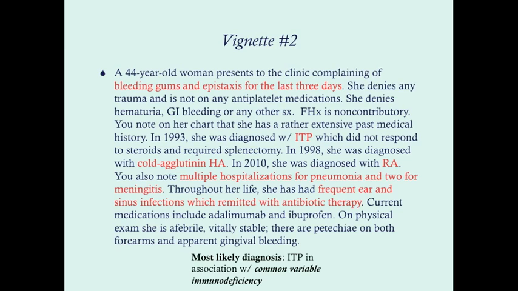So the rule of thumb with common variable immunodeficiency, as you're going to see, is anytime you have a patient with apparent immunodeficiency, particularly immunodeficiency to these encapsulated organisms, which is going to include sinopulmonary infections, meningitis, ear infections, and that in conjunction with these autoimmune diseases like RA, ulcerative colitis, inflammatory bowel diseases, Crohn's disease, ITP, hemolytic anemia.